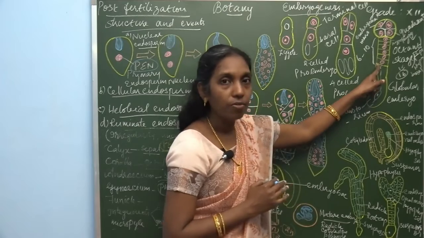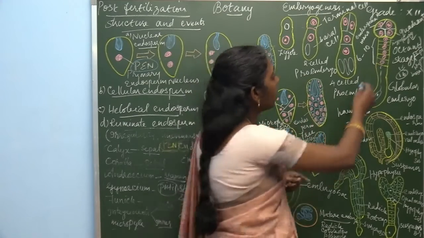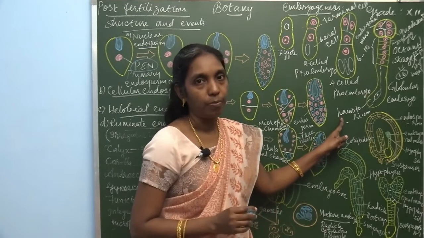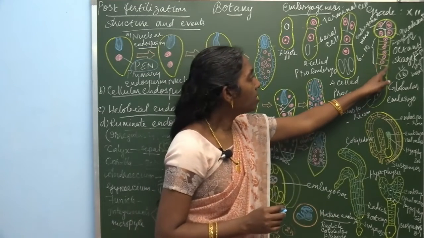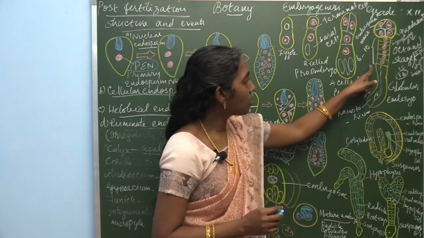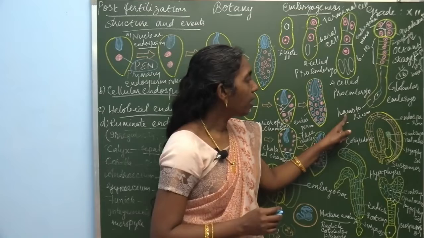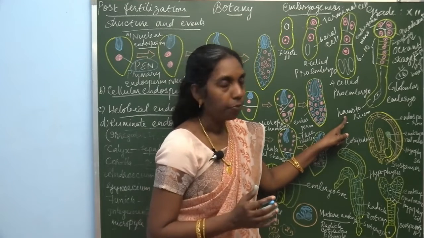The first cell of the suspensor elongates and becomes the haustorium. The first cell of this suspensor region elongates and becomes the haustorium.